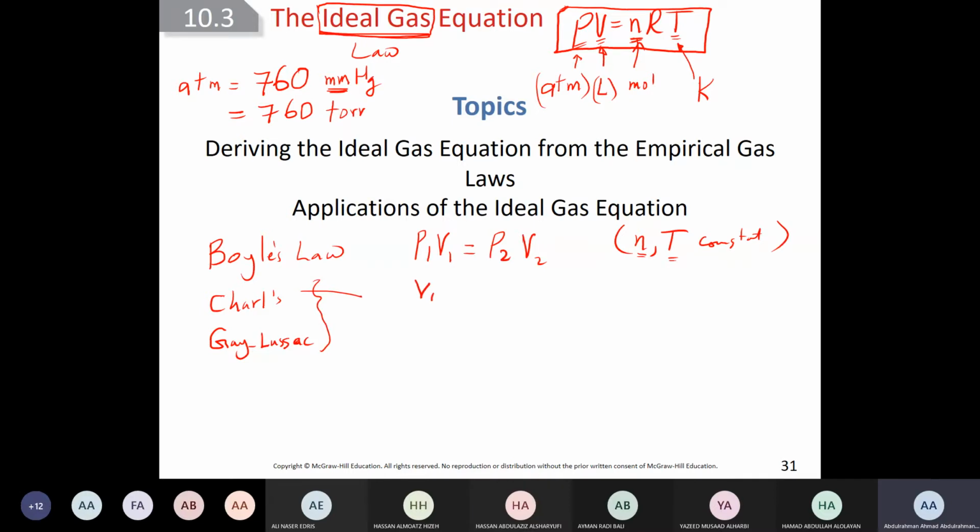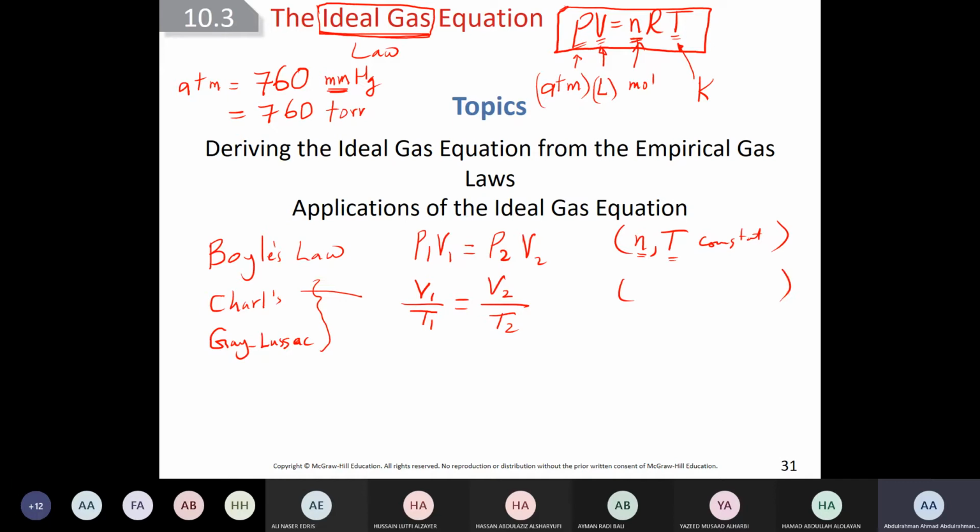I would prefer V1 over T1 equals V2 over T2. Of course, you can play with this and make it V1 over V2 equals T1 over T2, which is the same thing. But this is the way I wanted to write it.